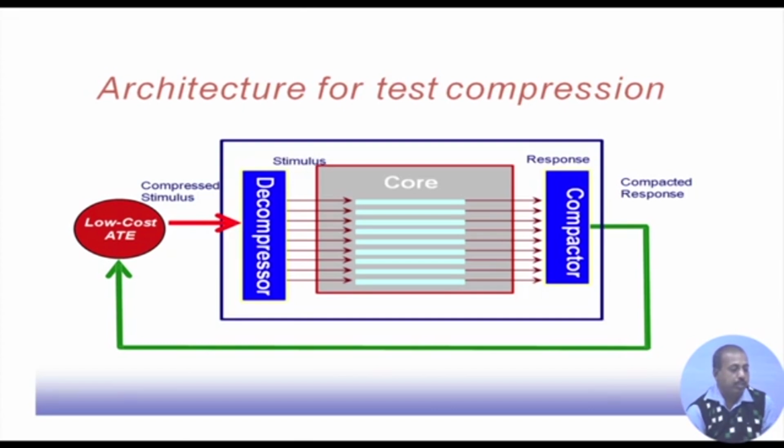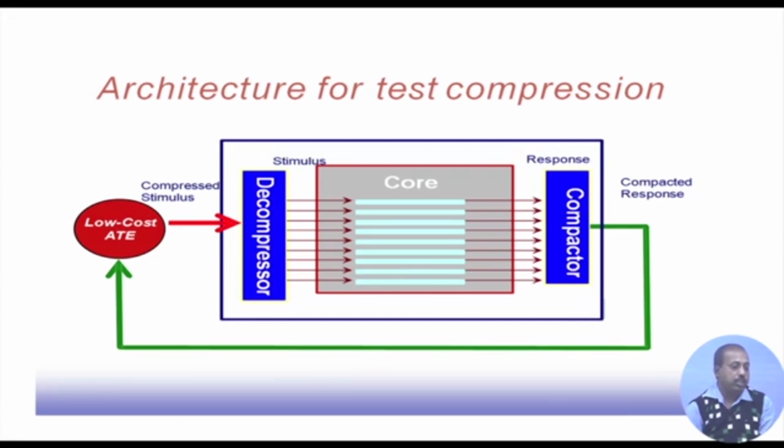If we are designing new versions of chips or new chips having more test patterns or more chip pins for testing, it does not mean that we should go for a new ATE altogether, because the ATE investment will be a big question. So, we have to use this low cost ATE itself for testing this high end chip.